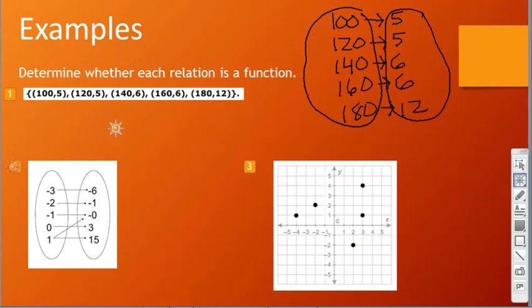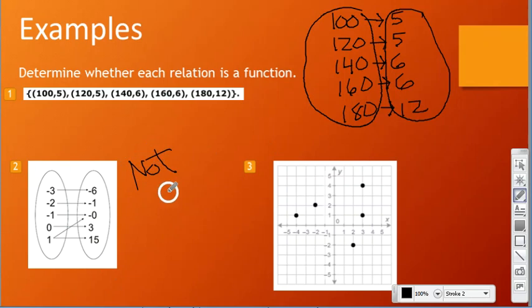Let's go ahead and look at number 2 though. As we look through number 2, we have -3 being paired with -6, -2 with -1, -1 with 0, 0 with 3, and then this 1, it's being paired with both 0 and 15. So we would say that number 2 is not a function.